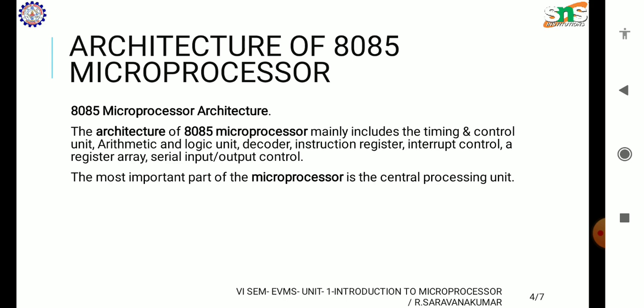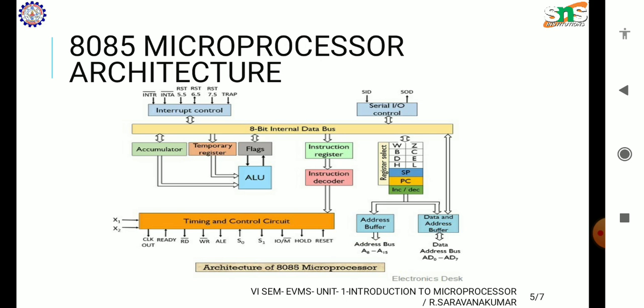These are the devices which support the microprocessor to work smoothly, wherever the data can be read out and the processing can be done through these devices. The most important part of the microprocessor is the CPU, which acts as the brain of our human body. We already know about the architecture of this microprocessor. Here we take the 8085 microprocessor because it is widely used in all electronic components, so we can study it in detail.